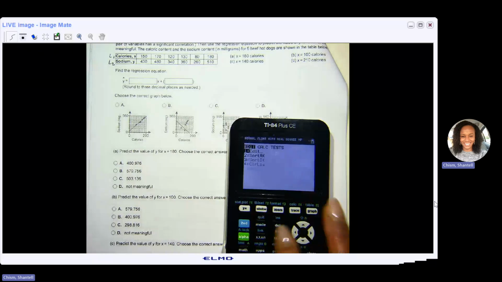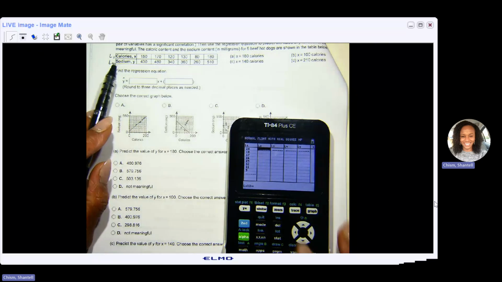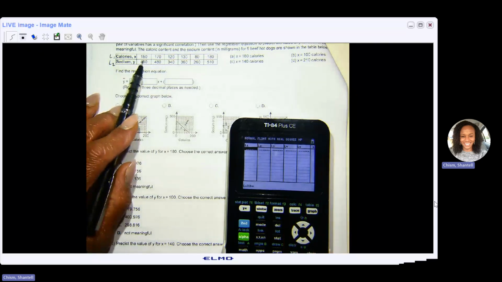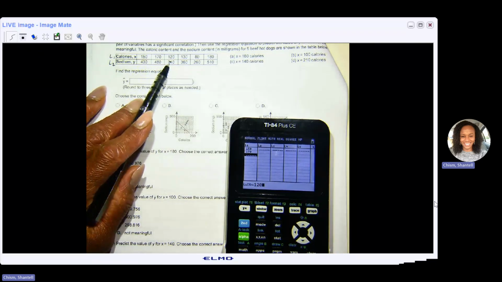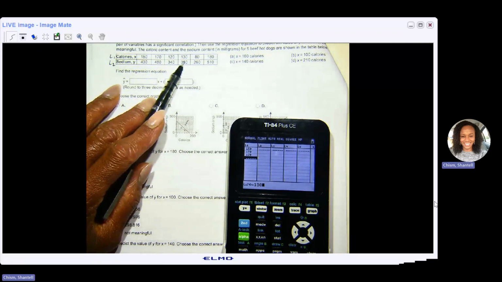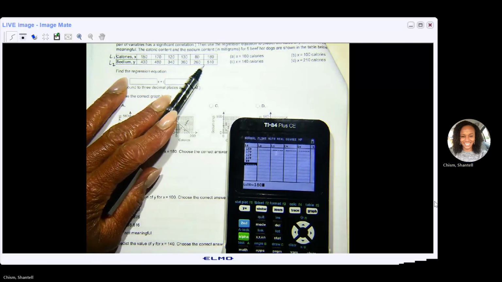So starting off, press stat. We're going to edit. We're going to put our x's in list 1, so I'm going to clear out both lists, and we're going to put our y's in list 2. So the x's, we got 150, 170, 120, 130, 80, 180.